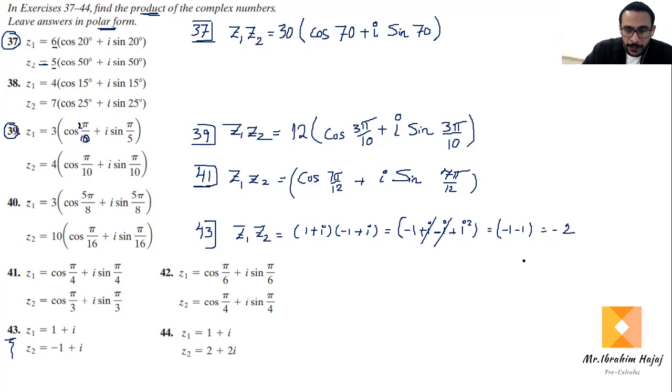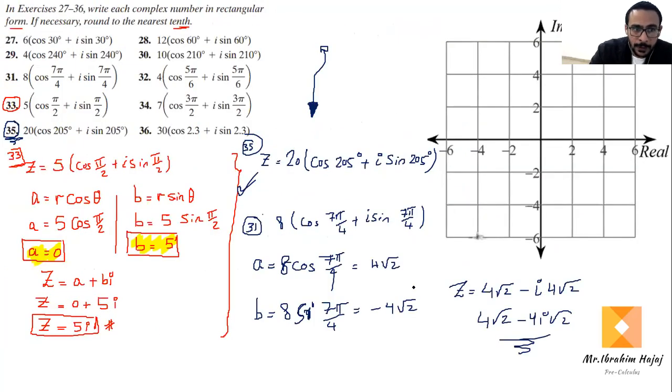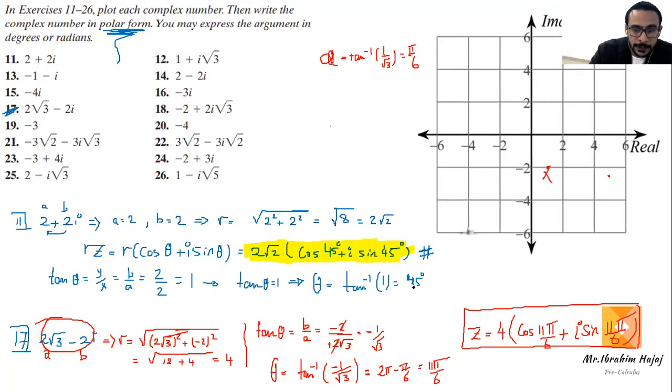And then we would like to write this number here as what? Polar form, which is negative 2. Not yet, you are still converting negative 2 to polar form. I said for you to leave your answers in polar form. So as we did in the previous slide, how to write the complex number from polar to rectangular and from rectangular to polar, like this one.